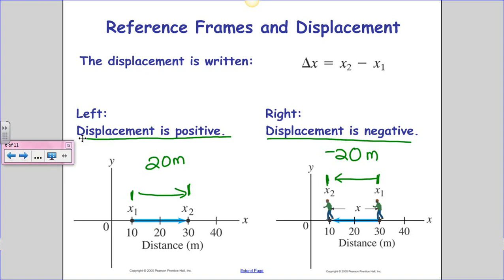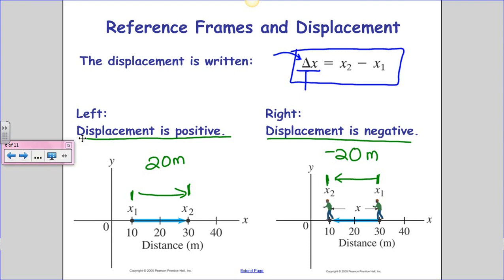We have a little equation that we use to figure out displacement. This right here stands for displacement, delta x. And the delta is the Greek letter that we use to represent change. So when you see delta x, you literally read it in your mind as the change in x, or the displacement.